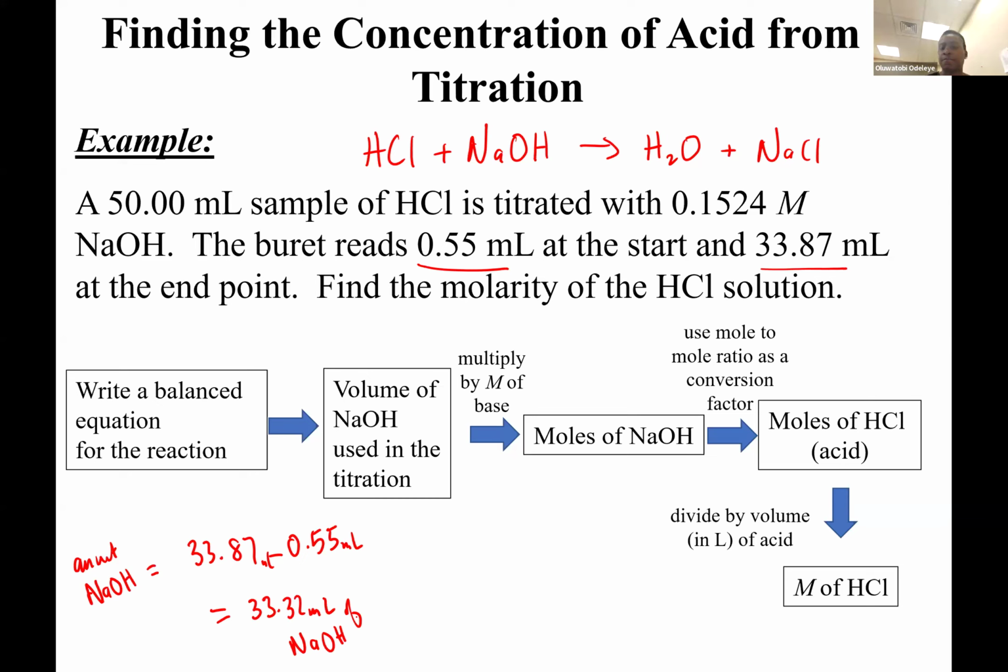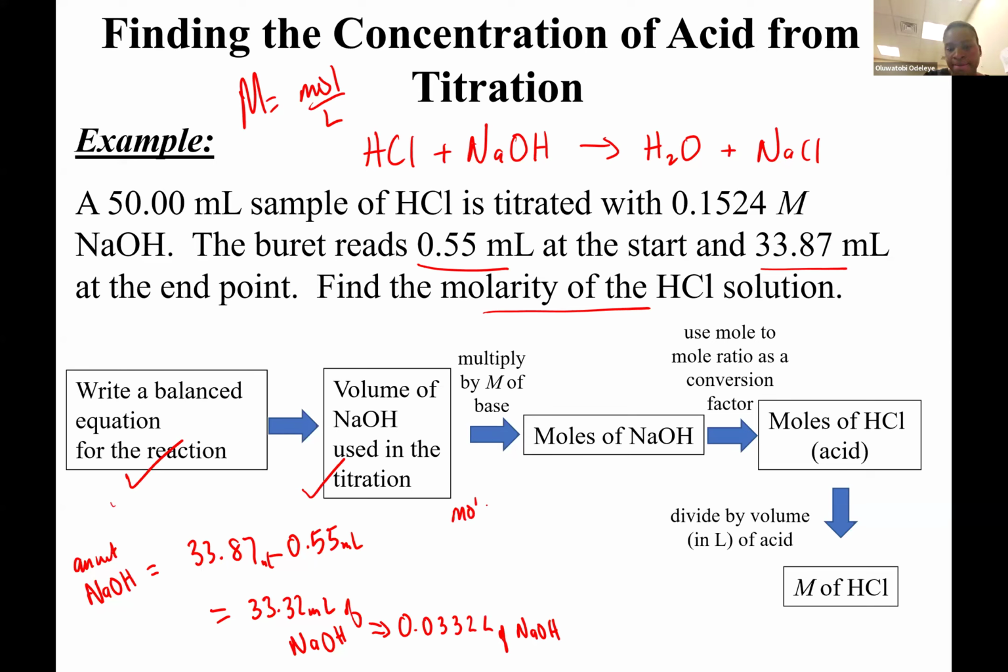The question asks me to figure out the molarity, so the concentration, of HCl. In order to do that, write my balanced equation, check. Figure out the volume used, check. I need to figure out the moles of NaOH. My volume, I need to convert to liters: 0.0332 liters of NaOH. I then need to go from liters to moles, and the way I do that is big M equals moles per liter.